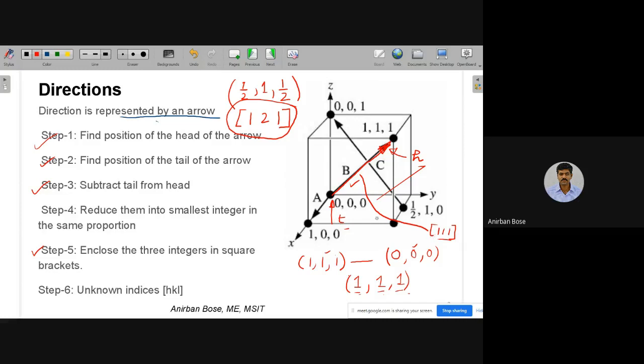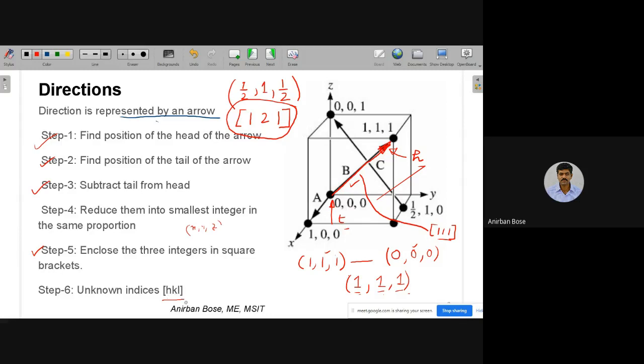To represent some unknown indices of a direction, we generally use h k l. That is used to represent unknown Miller indices. Like in the case of coordinates, we generally consider x, y, z; similarly, for unknowns in the case of Miller indices, we represent h k l.